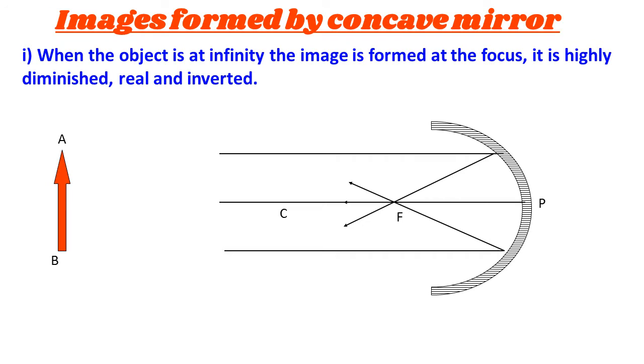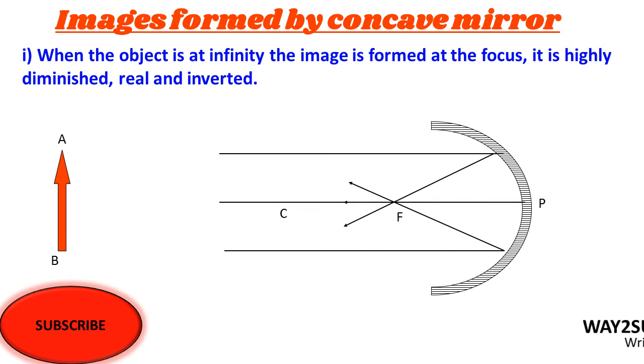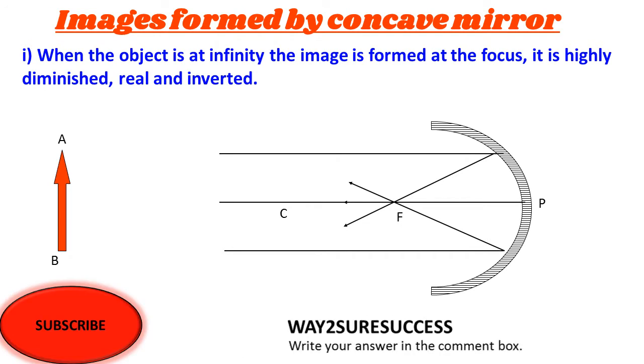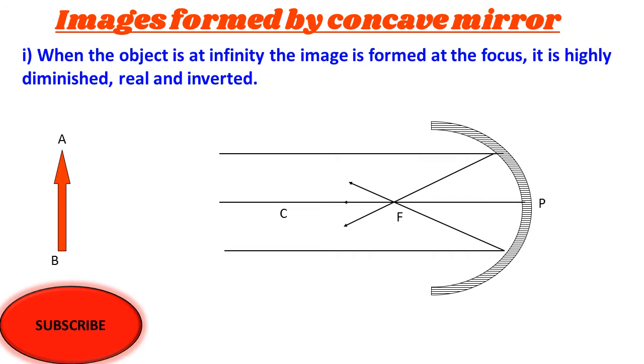Hence, the characteristics of the image formed when the object is placed at infinity are that the image will be formed at focus, it is highly diminished, and it is real and inverted.